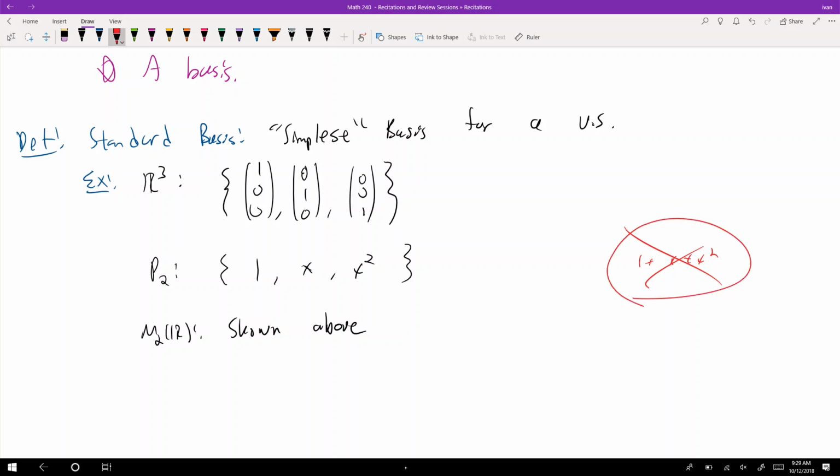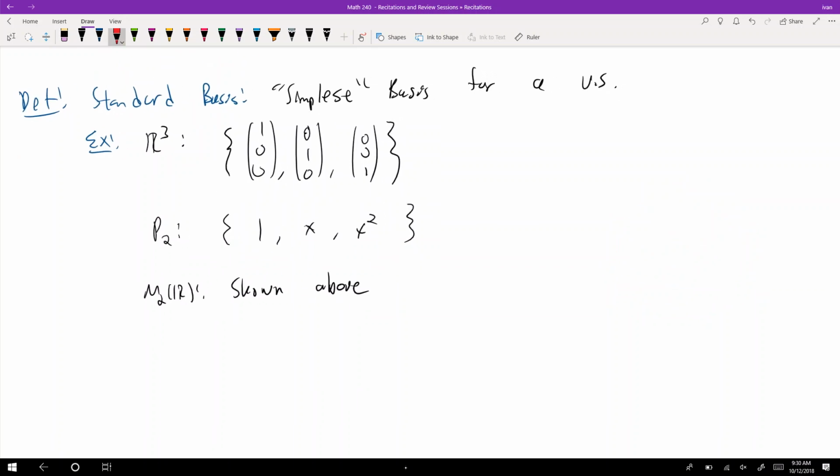And I'm not saying that this can't be part of a basis. It's just not the standard basis. Okay, so basis elements can be anything. All right, I'm just going to erase that. So any questions here? All right.